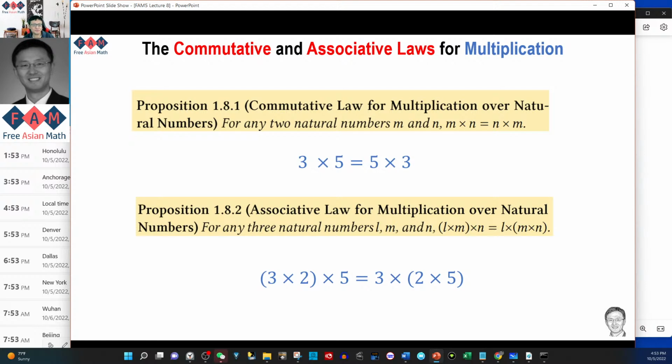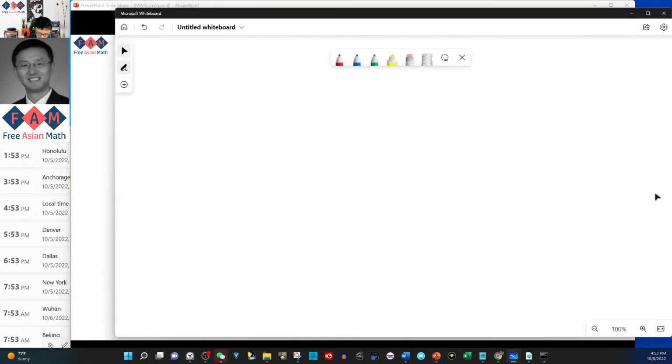Why this is true? Well, how did we interpret this on the number line for addition? Remember? Essentially, the commutative laws for addition is something like this. 3 plus 5 equals to 5 plus 3, right? How do we interpret it on the number line?